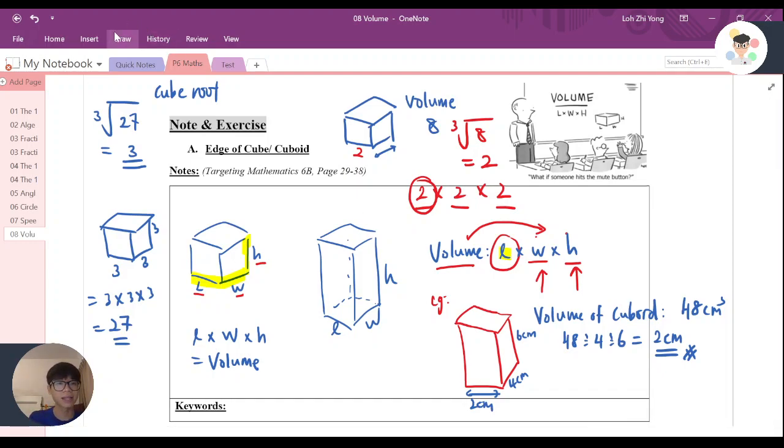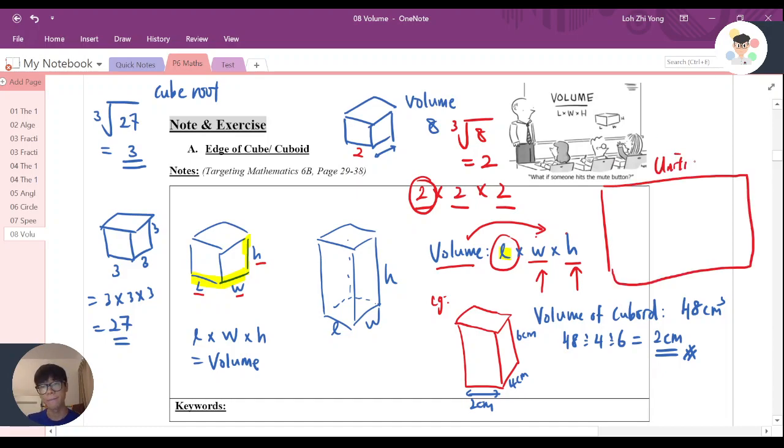And the last very important point is that you need to understand this conversion of unit. 1 liter is equal to 1000 ml, and it is also the same as 1000 cm cube.